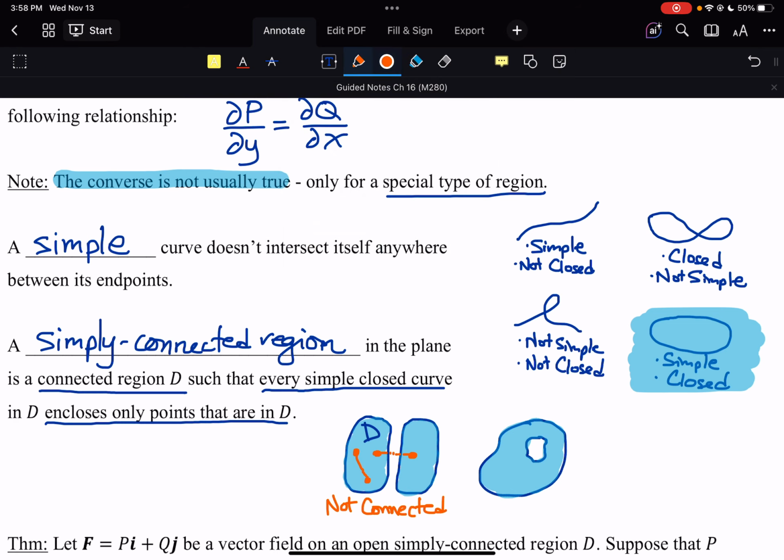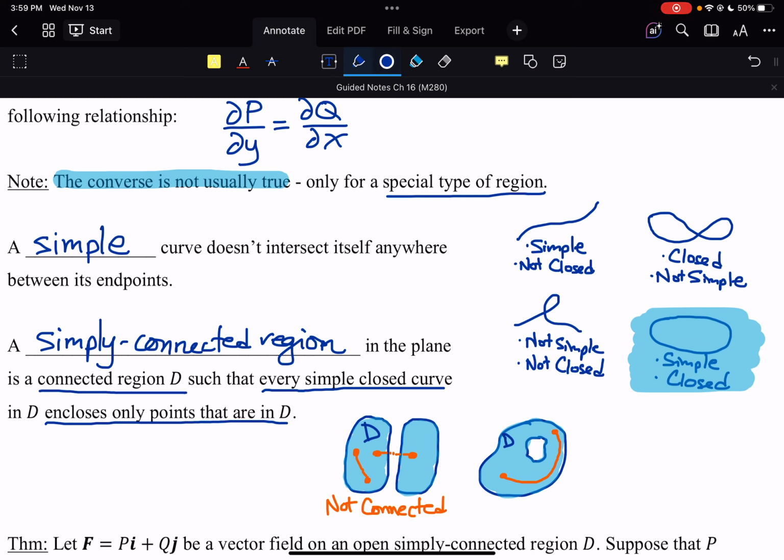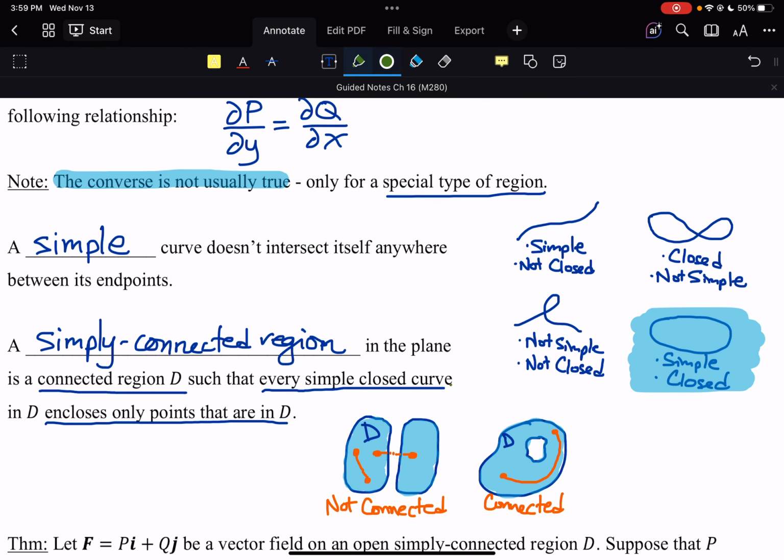This region actually is connected, because I can take any point and connect it to any other point, and I can stay within the boundary of D. So this one is connected, but in order for it to be simply connected, every simple closed curve, so something that looks like this, encloses only points that are in D. And you can do that for some of them, like this one encloses only points that are in D, and that's great.